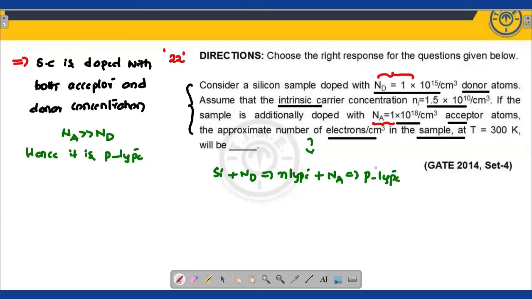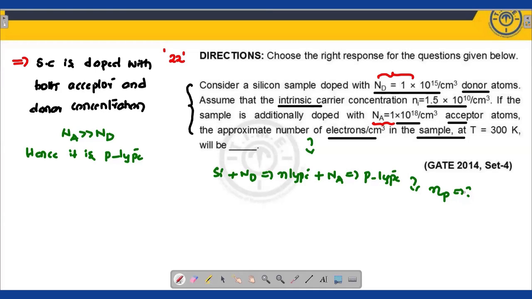From the data also, Na, the acceptor concentration, is greater than the donor concentration. Now he is asking for the electrons in P-type. This question was asked in GATE 2014 September 4.